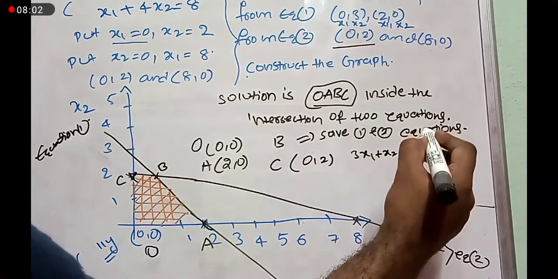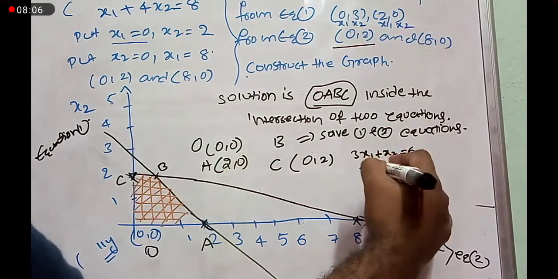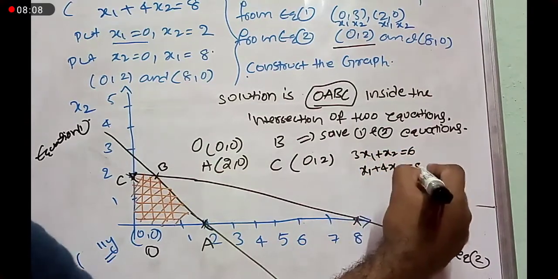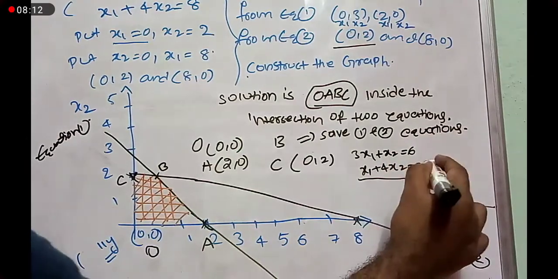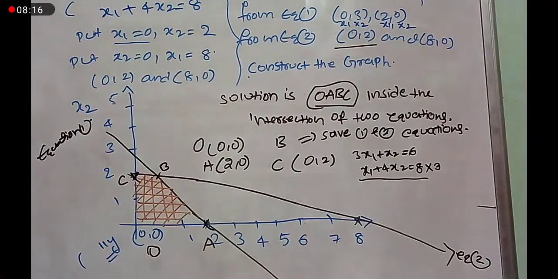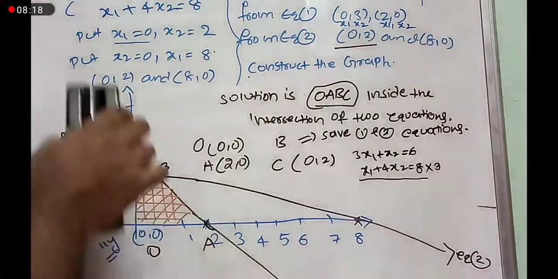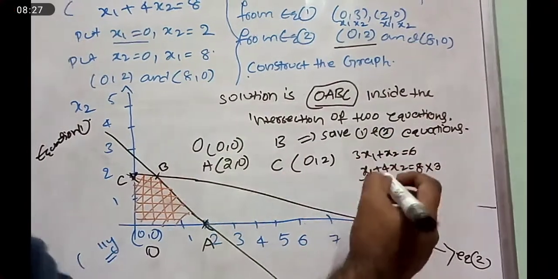So we have 3x1 plus 2x2 is equal to 6, and x1 plus 4x2 is equal to 8. So here we are solving two equations: 3x1 plus 2x2 is equal to 6, and x1 plus 4x2 is equal to 8.